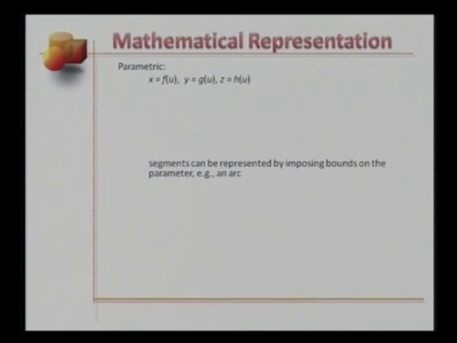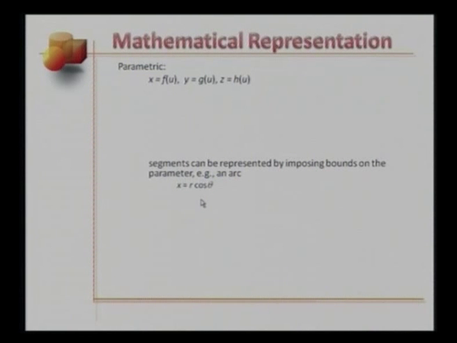The third advantage with parametric representation is that segments can be represented by imposing bounds on the parameter. For example, an arc of a circle.